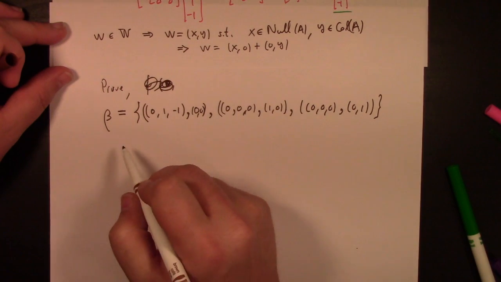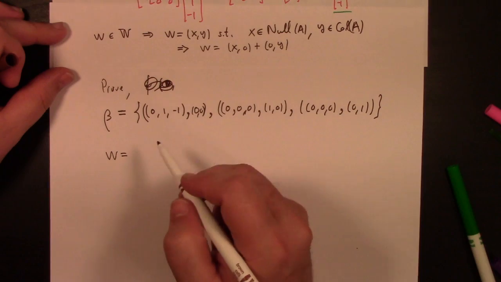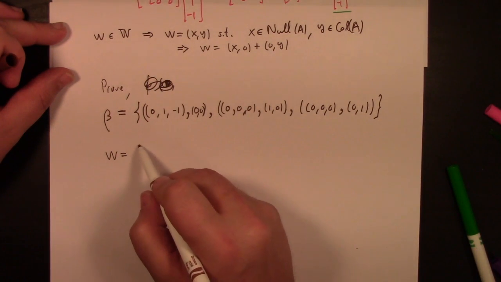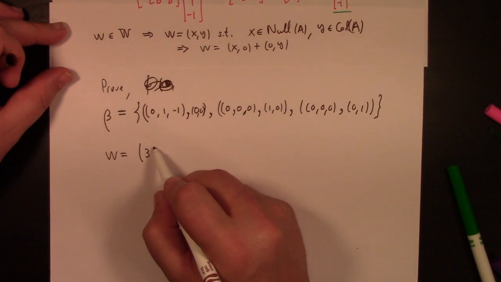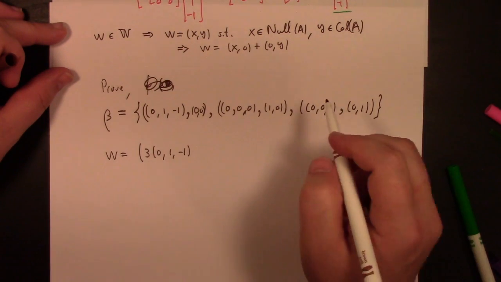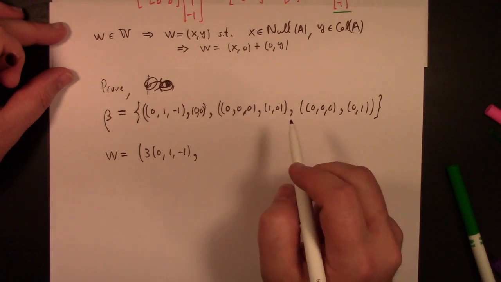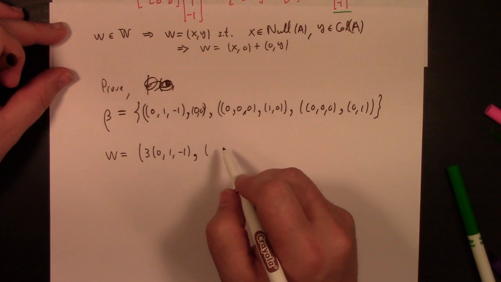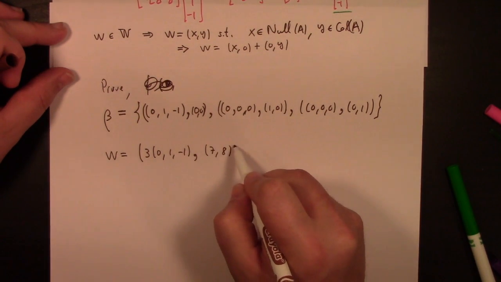For example, if I have the vector W equal to something like, let's say, 3 times 0, 1, minus 1, comma, let's say, 7, 8, whatever, right?